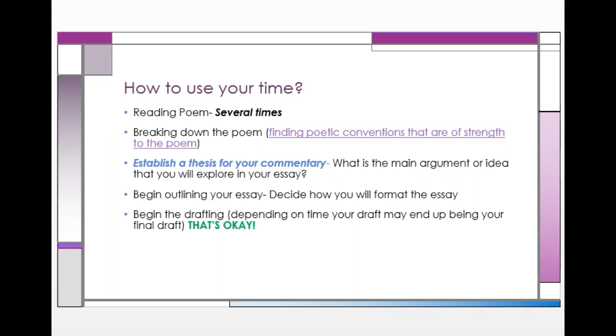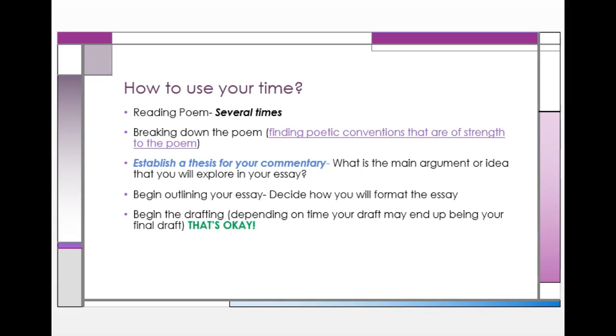If I notice that the author is using very dark, intense word choice to really highlight some kind of darker theme, or for example, let's say it's a poem about war. We're really familiar with poems by Carol Ann Duffy that focus on war. So there's a lot of darker imagery, dealing with death or soldiers fallen, or even terminology, word choice that hints at certain wars, whether it's guns or even places where wars have taken place or battles have taken place. So maybe I want to hone in on that as well. So I got to pick the ones that are the most important or evidently the most effectively used.